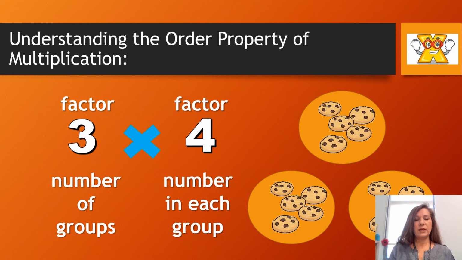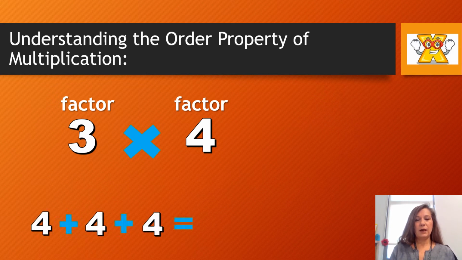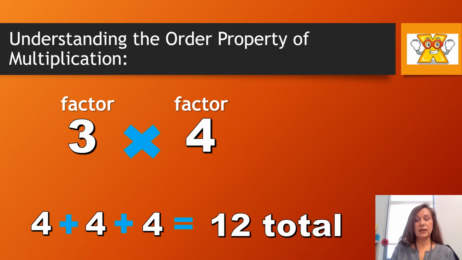So we can say 3 times 4, and our addition sentence would be 4 plus 4 plus 4. Now we still are going to add and still get the same total of cookies in this particular case. So that's using equal groups. So switching the factors changes the picture or the model of our multiplication fact, but does not change the product or the total.